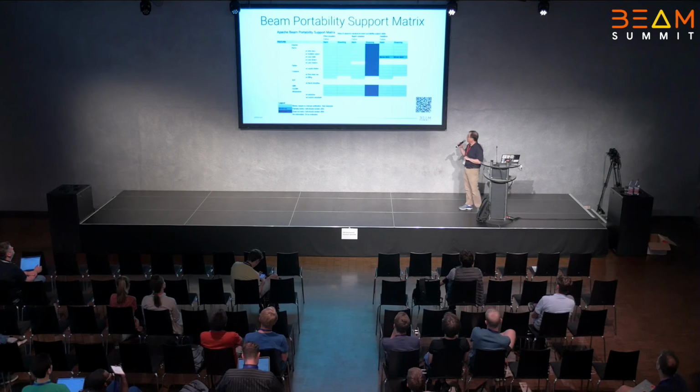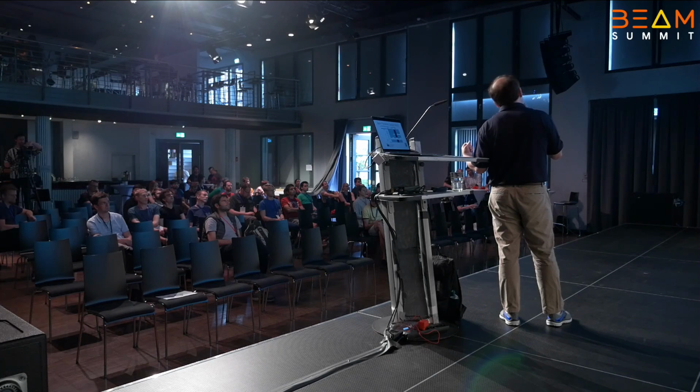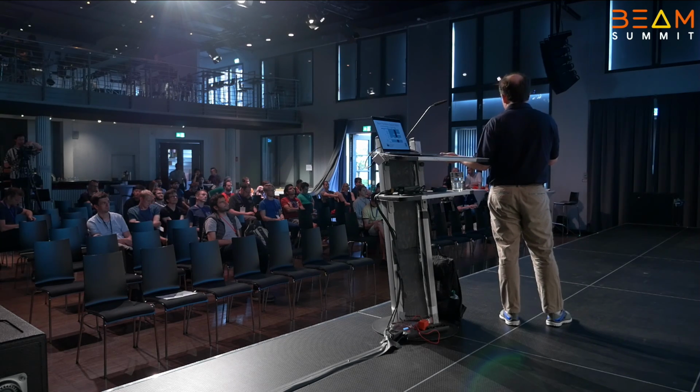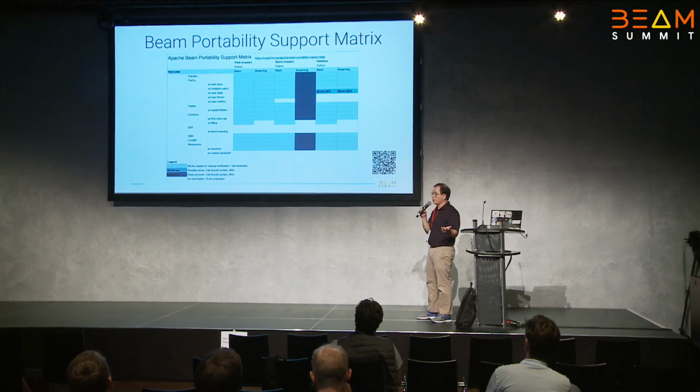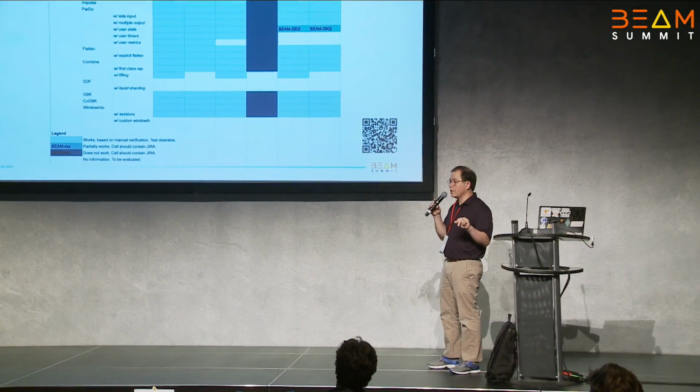This is the current compatibility matrix, up to this morning, for the 3 different runners that TFX currently uses: the Flink runner, the Spark runner, and the Dataflow runner. And again, to emphasize, we're currently only using the batch side of these, but we are interested in the streaming side too.